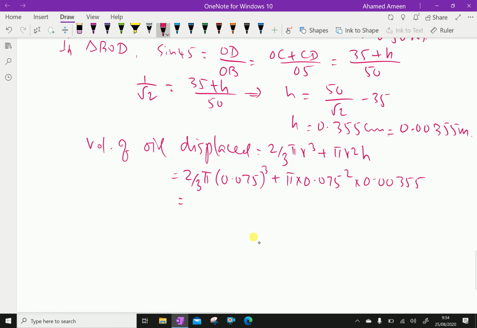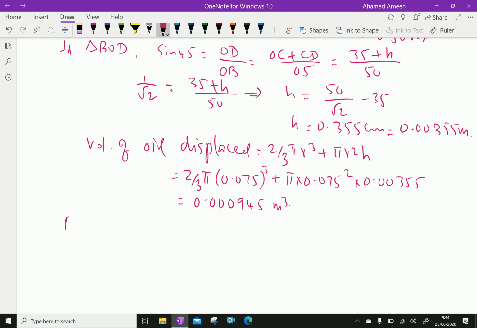So it gives the final calculation, which is equal to 0.000945 meter cube.